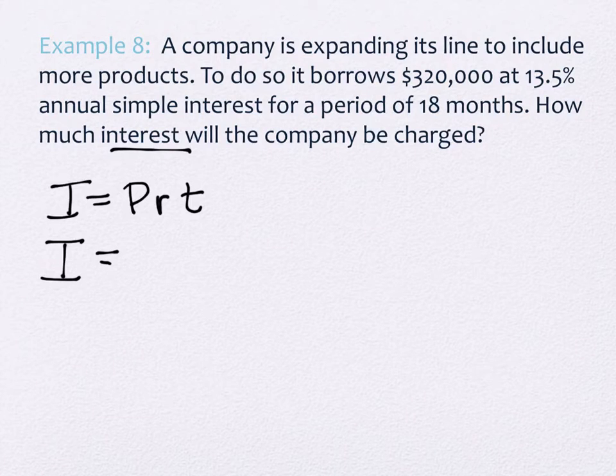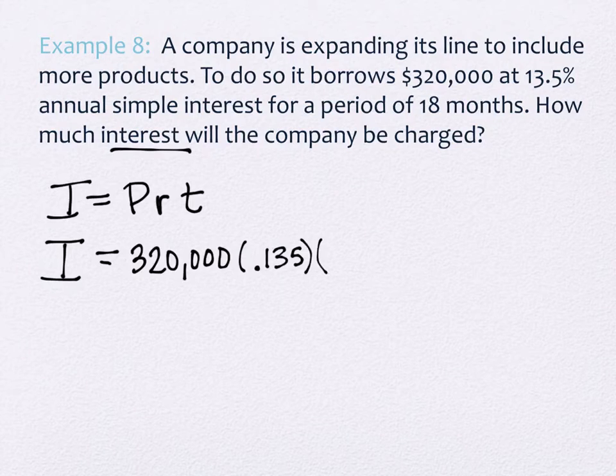What is the principal, the P in our problem? Right, $320,000. What is the R, the interest rate? It's 13.5%, and written as a decimal, you would have 0.135. And the time says 18 months, which means the t value is actually 1.5 because it's the number of years.